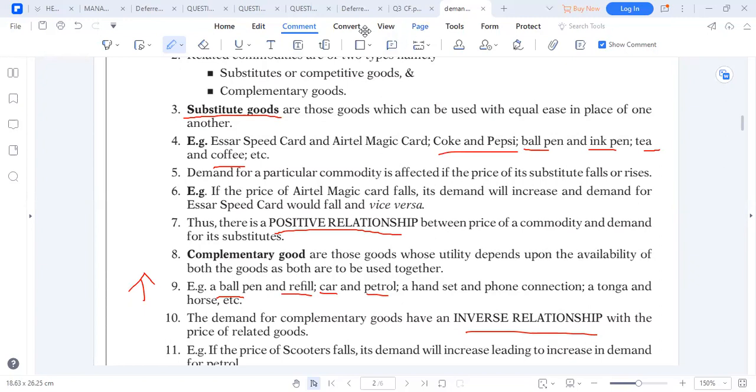So we have a number of goods that you need to know. We have a substitute good. These are goods that have equal ease in use. We have a complementary good. These are goods that complement each other. What other goods are there that you know?